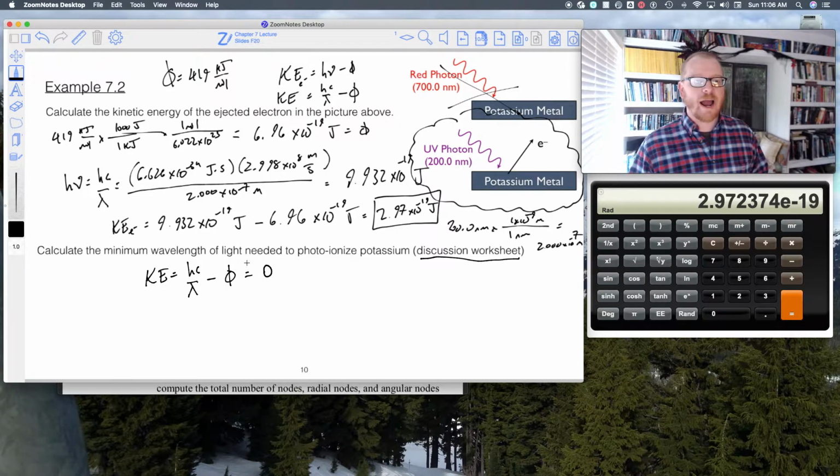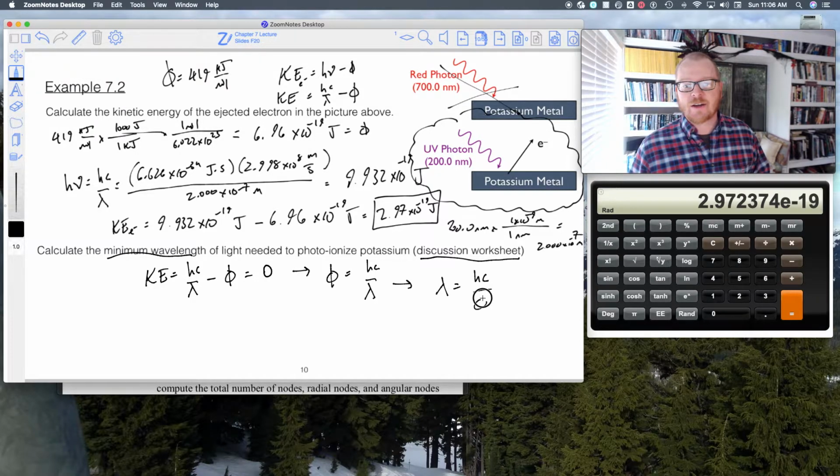And so now, if I wanted to rearrange this, doing the algebra here, phi equals hc over lambda. And I'm going to keep doing the algebra because they asked me for the minimum wavelength, right? So rearranging now, that's going to be lambda equals hc over phi. Okay, so it's as simple as that.